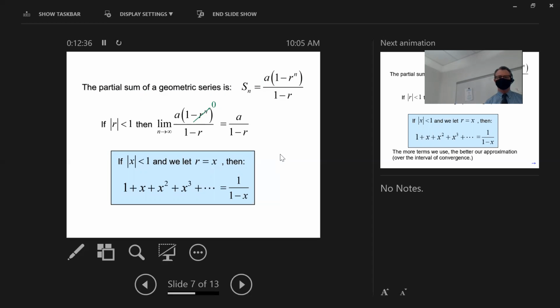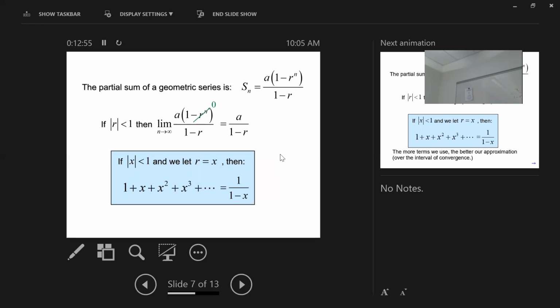So where's this going? First term divided by 1, subtract the constant multiplier, if and only if the absolute value of x is less than 1.